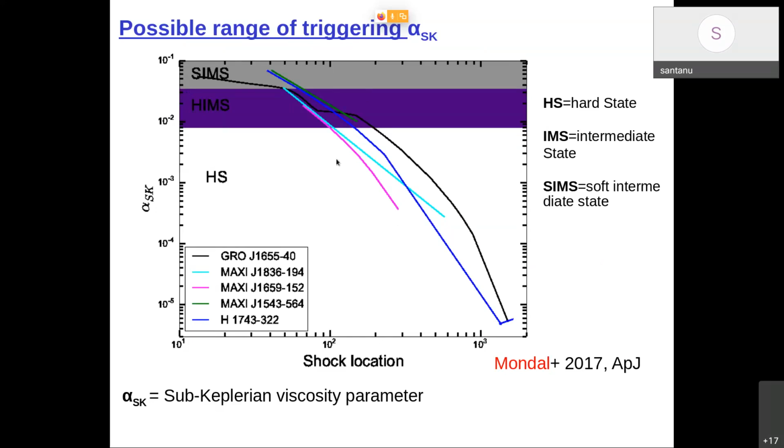Also the mass of the black holes considered here varies from 6 to around 13 solar mass. That means it mostly covers the low mass black hole binaries. So we expect that this solution will be applicable to other black holes also, which are not considered in this study.